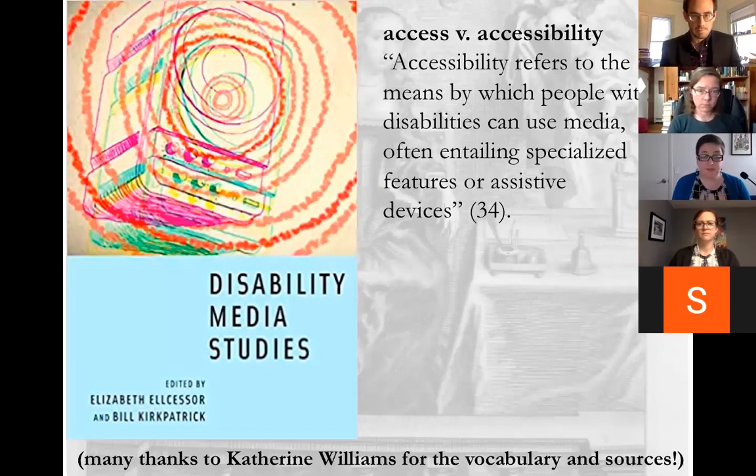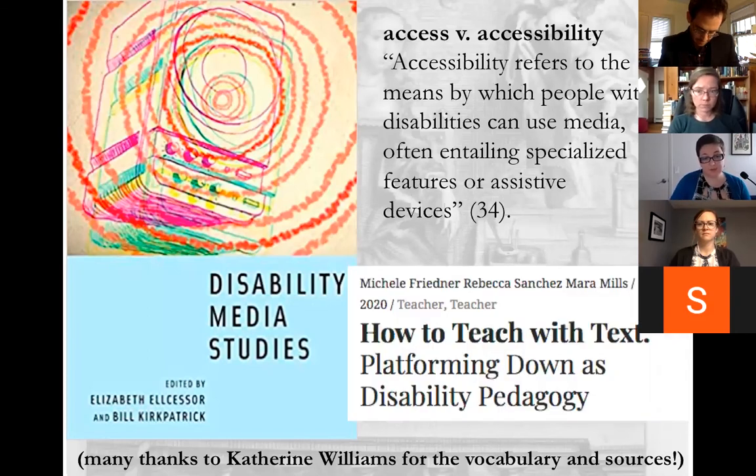Accessibility refers to the means by which people with disabilities can use media, often entailing specialized features or assistive devices. And it's incredibly important, as this article about platforming down for disability pedagogy points out, that although we often think of digital forms as radically accessible, even as they allow access to text, the more elaborate the digital form, the less accessibility it might allow.